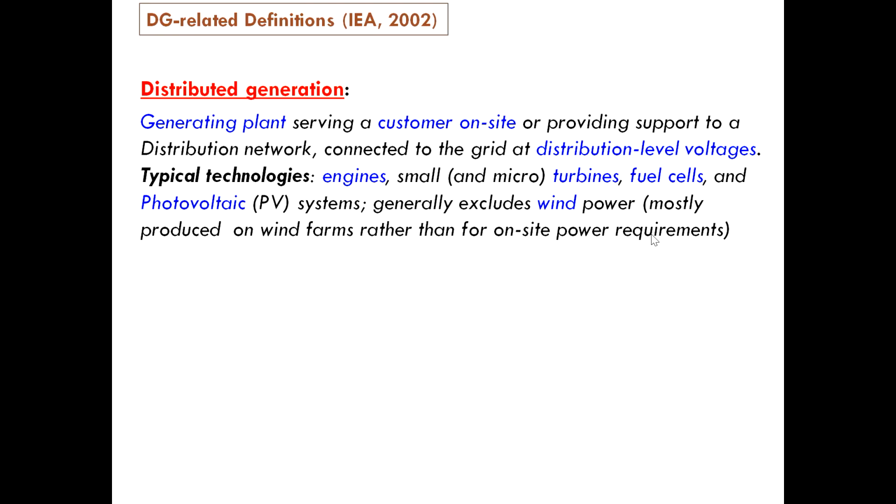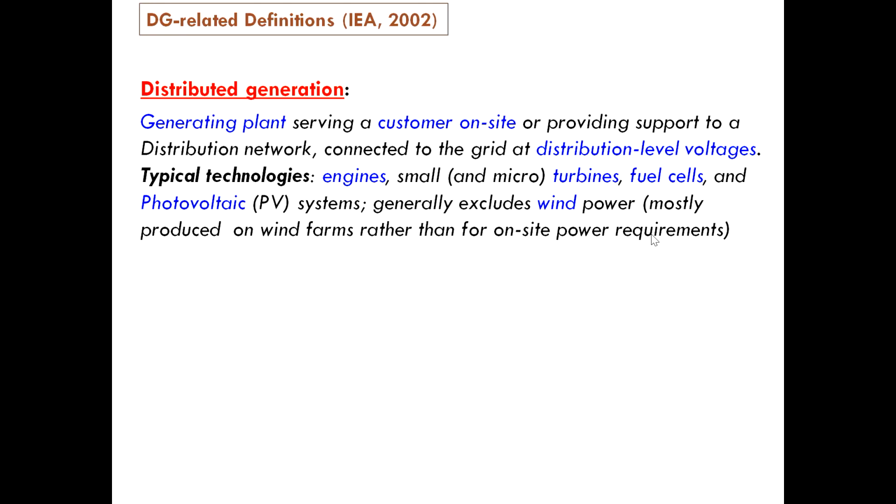Obviously, when you look at the literature in the field, you find a variety of perspectives and definitions. These definitions that I have here are based on a publication from 2002. So there may be some changes to some of these definitions, but really the core concept remains the same, and to a very large extent these definitions are valid even today.